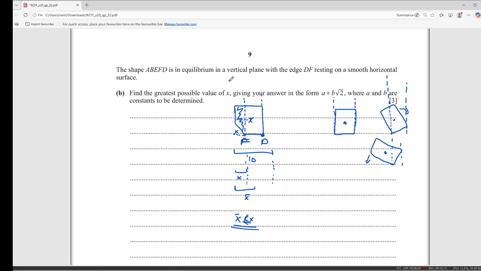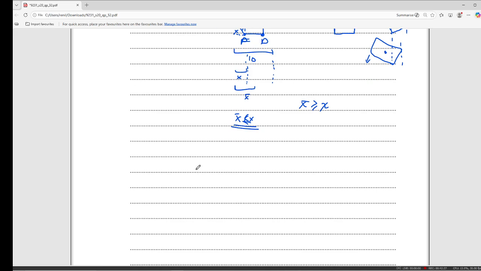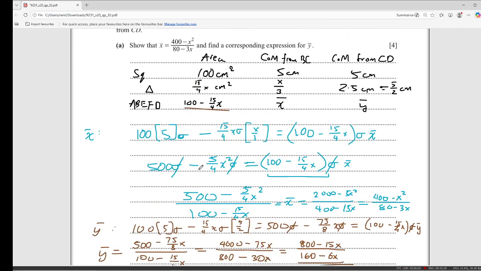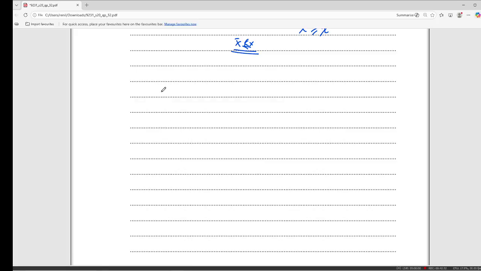So what does this tell me? For it to be in equilibrium, x mean must be greater than or equal to x. The moment x mean becomes lower than x, it will fall into this region and it is going to fall down like this. So let's solve this. X mean was (400 minus x squared) divided by (80 minus 3x), and that must be lower than, no sorry, greater than or equal to x. Yeah, it must be greater than x. So I can rearrange the inequality.